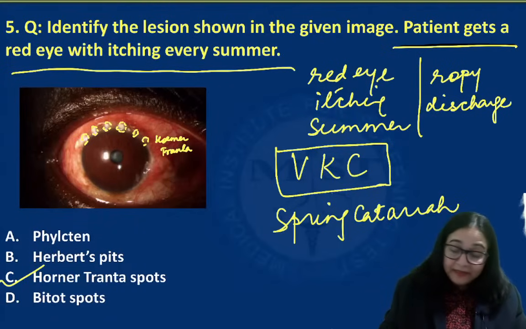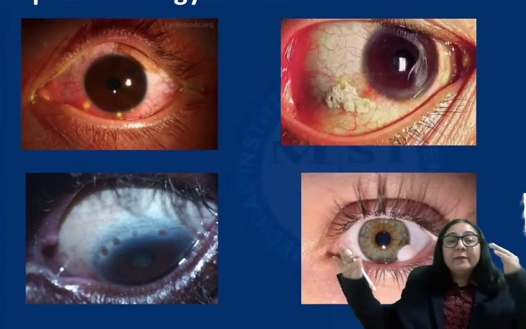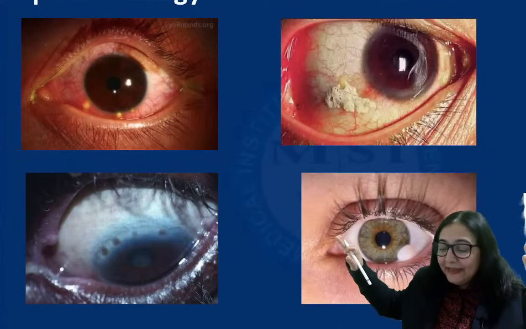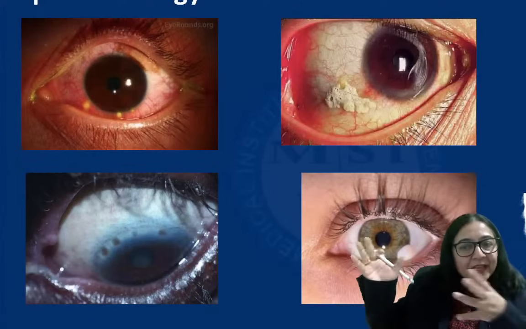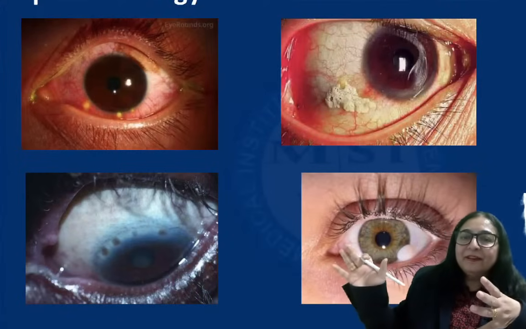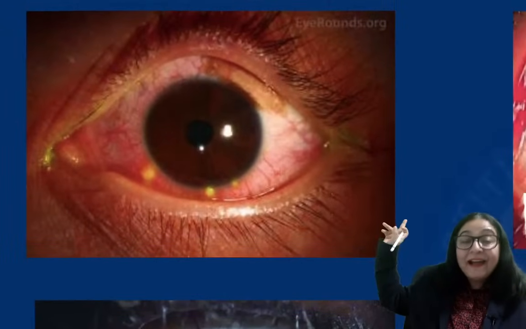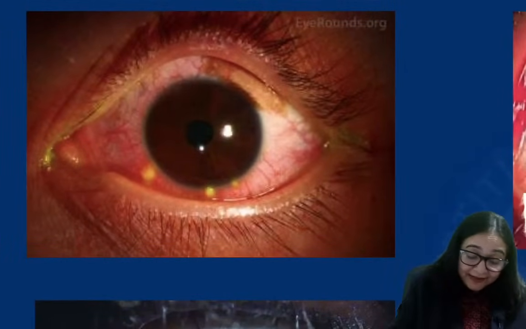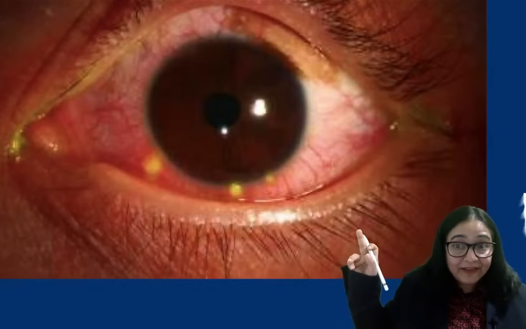Let me take you through the differential diagnosis of different types of lesions which you see in the limbal area or close to the limbal area, so that if any question related to that comes, it's easy for us to attempt. This is how your phlycten looks. Phlycten is seen in phlyctenular conjunctivitis.